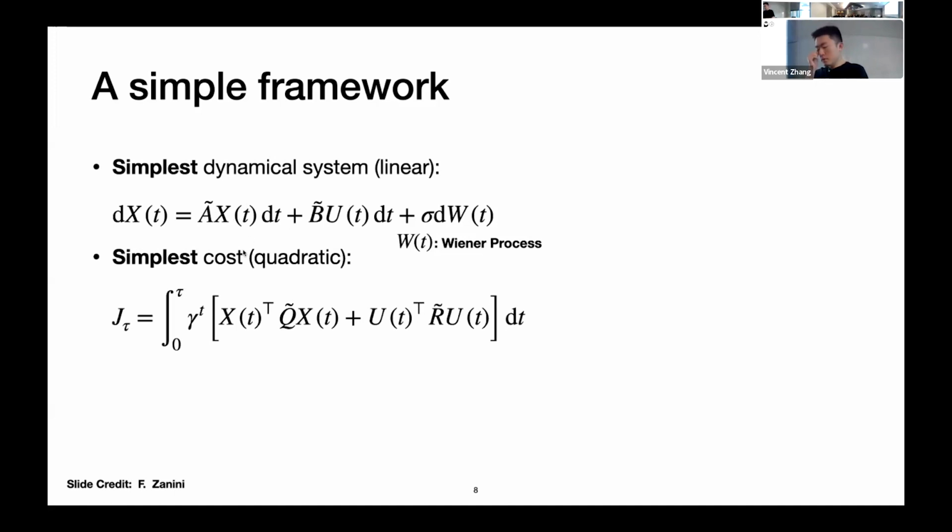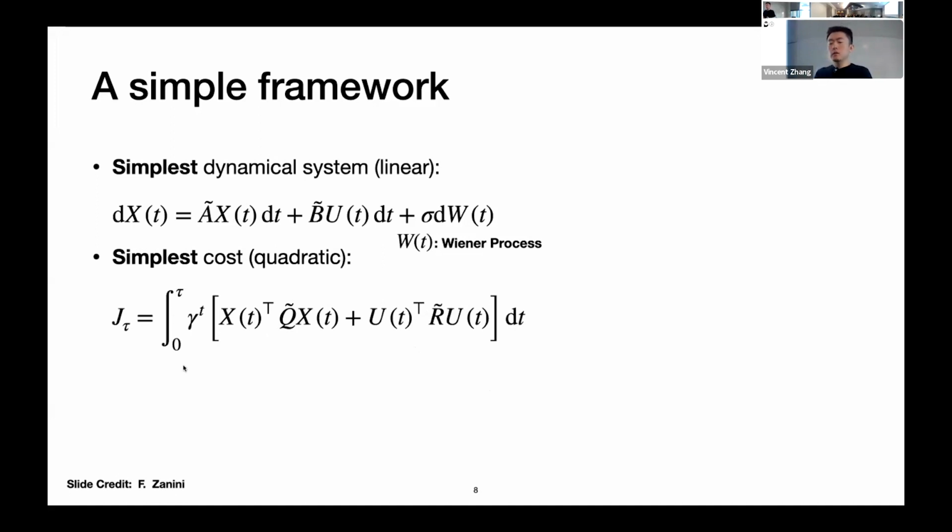And the cost is assumed to be quadratic. It's also the simplest setting you can get. And the Q tilde and R tilde here are positive definite, so that guarantees you a positive cost.